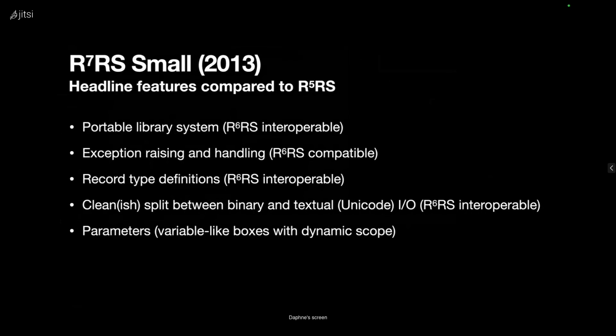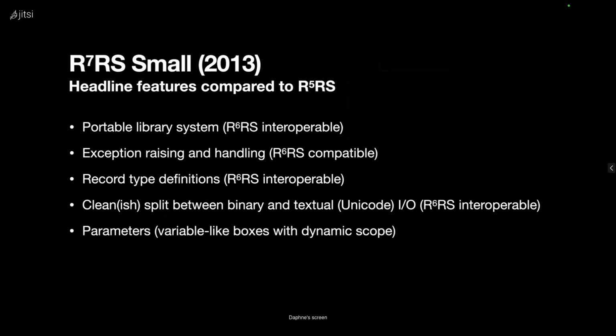What R7RS Small gave you, compared to R5RS, the biggest headline feature was a portable library system, which is interoperable with the system in R6RS. It's not the same, but an implementation can easily support both. Exception handling and raising using the exact same API as in the R6RS.